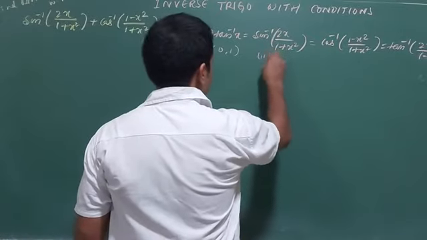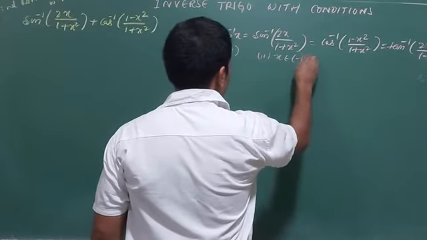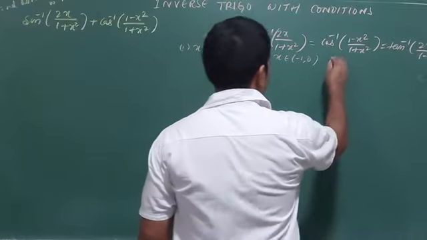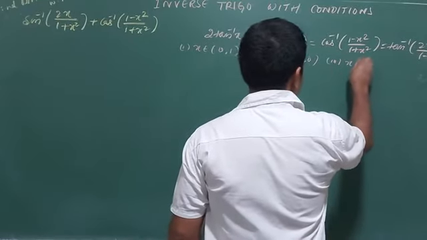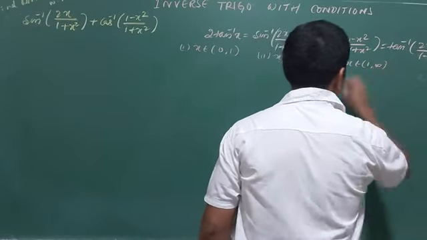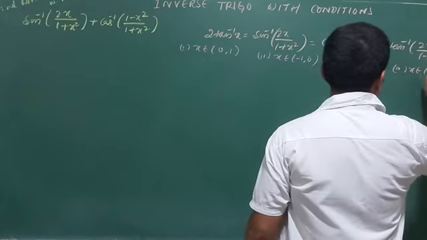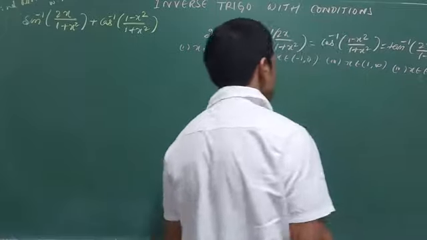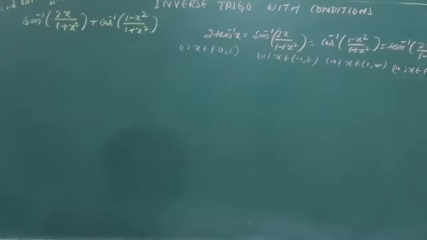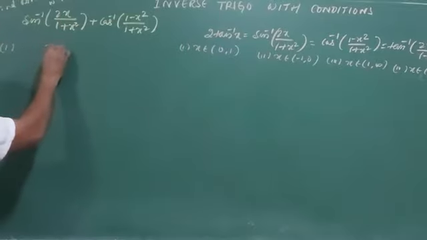Second, x belongs to minus 1 to 0. Third, x belongs to 1 to infinity. One more condition you take, x belongs to minus infinity to minus 1. You can see that there are 4 conditions I took. The first condition is x belongs to 0 to 1.